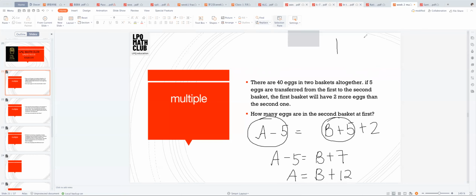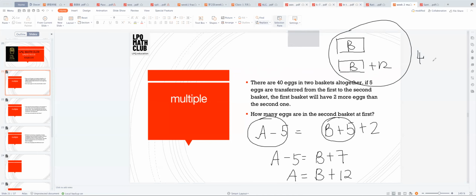So we have a B basket and A as B plus 12. Altogether they have 40 eggs. So 40 minus 12 equals 28. So B has 14, and A has 26.